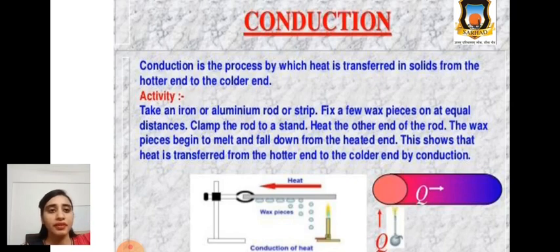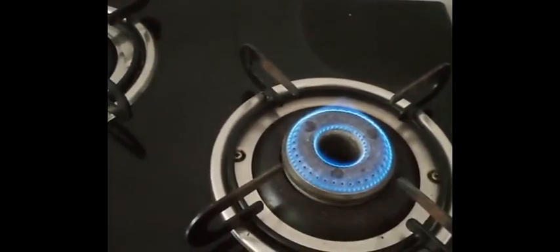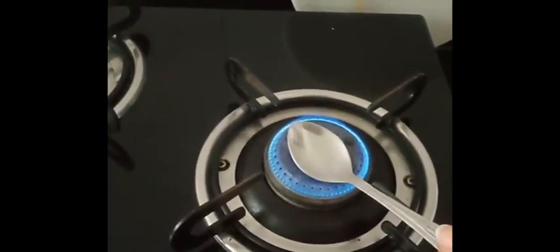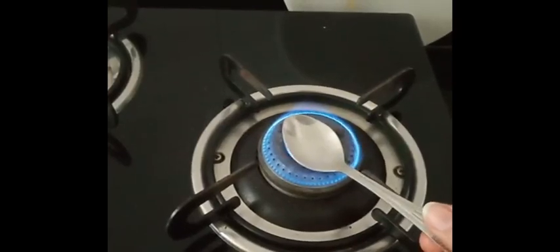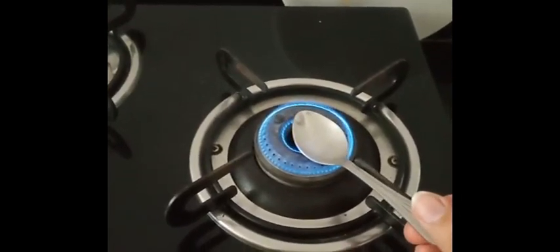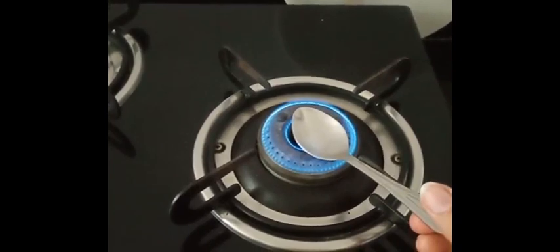See this activity. If we switch on the gas burner and heat this metal spoon at one end, we find that its other end also becomes hot after some time.